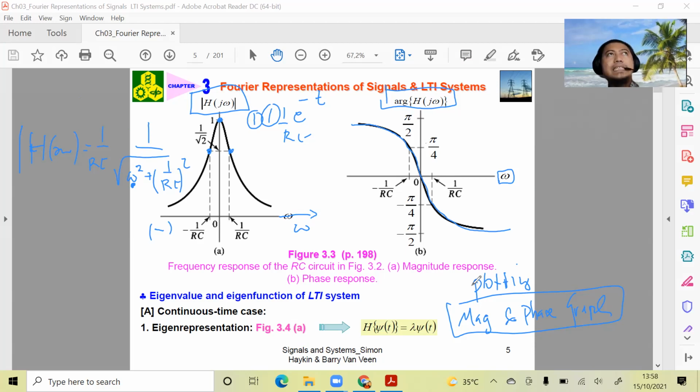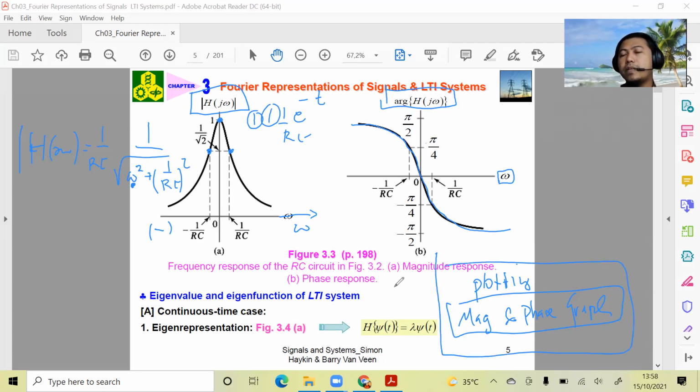Talking about signals in the frequency domain, mostly focus on this: how to represent the signal in the magnitude expression and in the phase expression.